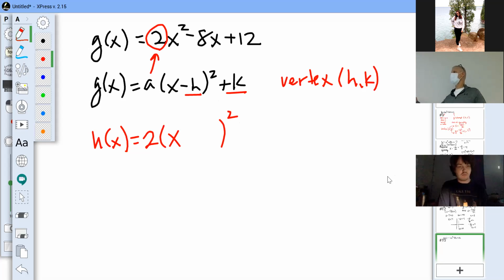And I've rewritten it. I can rewrite this parabola from 2x squared minus 8x plus 12 to vertex form. That's all I got to do is find the vertex and plug it in for H and K. So, all right, I'm going to let you find the vertex.